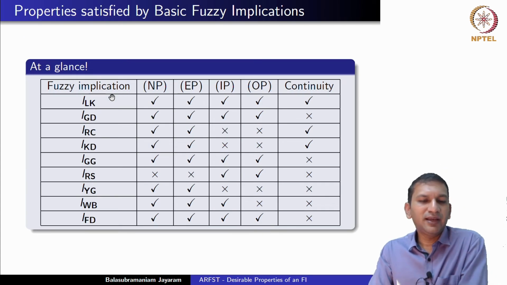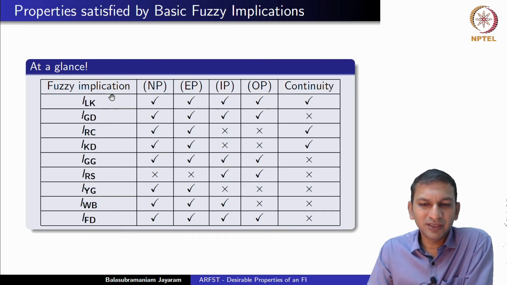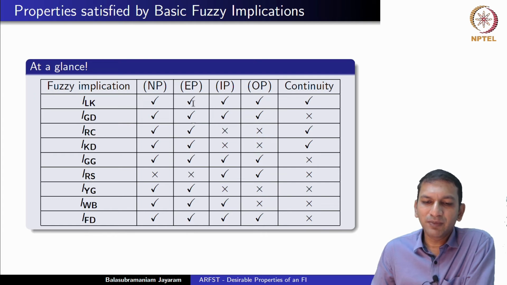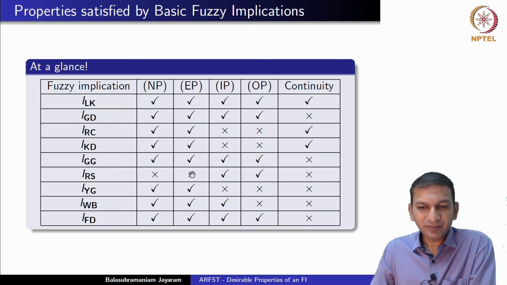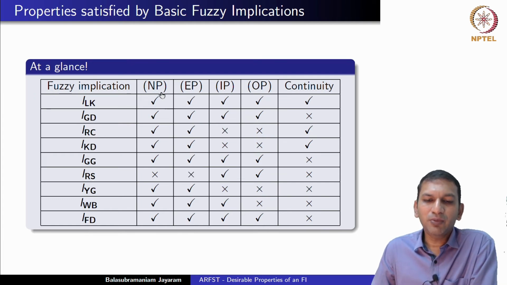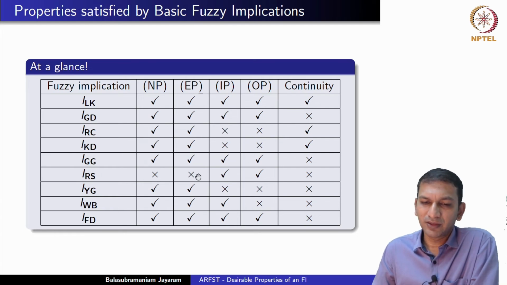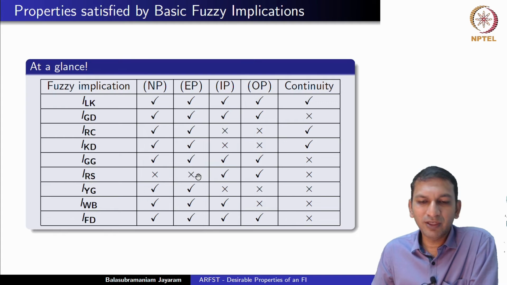Now, if you look at the entire 9 basic fuzzy implications and the properties that we have discussed so far, the neutrality property, exchange principle, identity principle, ordering property, and also continuity, this is how it looks. So if you look at the exchange principle, almost all the basic fuzzy implications do satisfy it. But there is not one property that all of them satisfy. Neutrality is not satisfied by Rescher, and the exchange principle is not satisfied by Rescher.